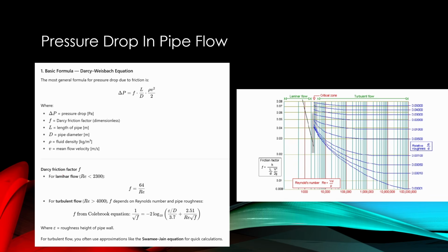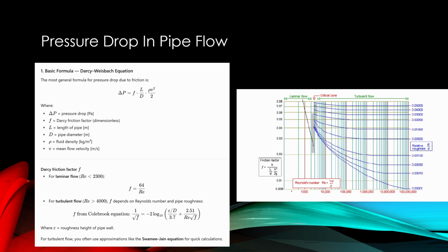And in case of laminar flow, this friction factor is a simple function of Reynolds number. But in case of a turbulent flow, you need to iterate to get this friction factor. You can also use so-called Moody chart. It's shown here on the right side.